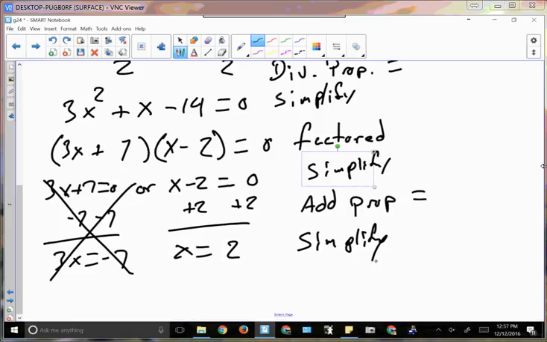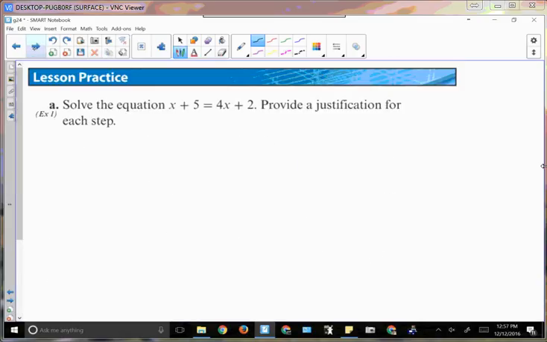All we need to be able to do is justify each one of the steps that we have. So, I'm going to give this one to you, and I'm going to give you a minute or so here to take care of this. So after you get down to given information, then what is the next line that you did?